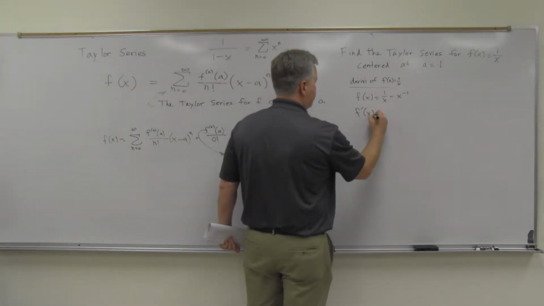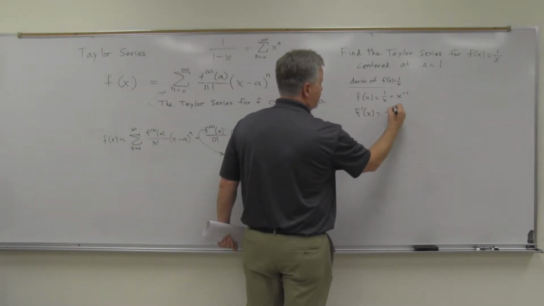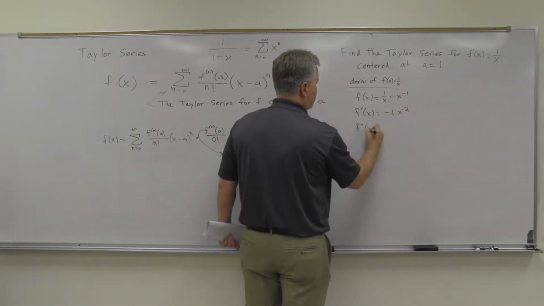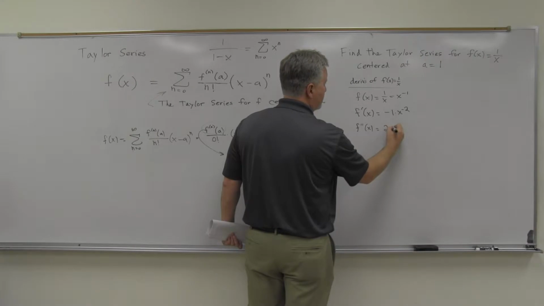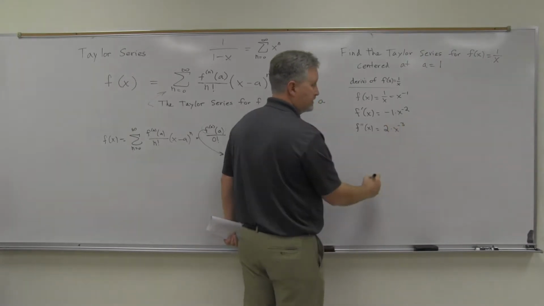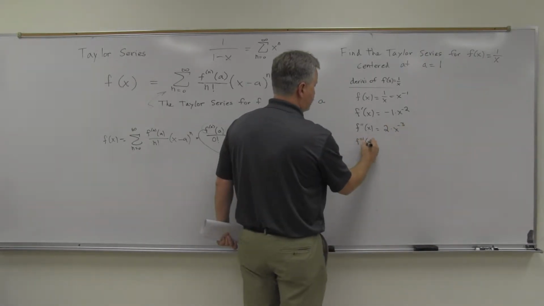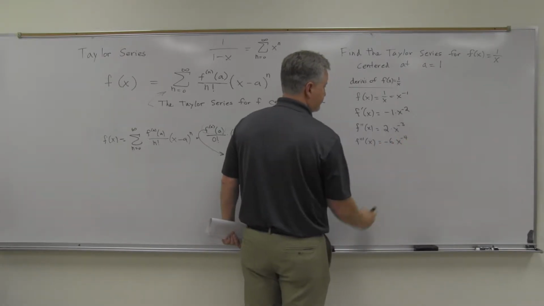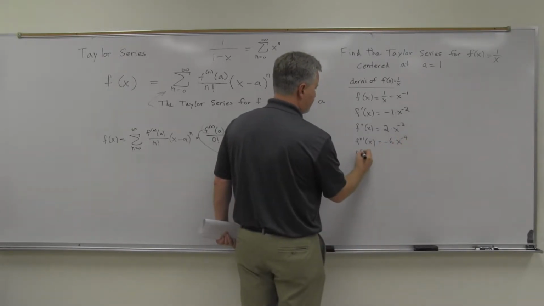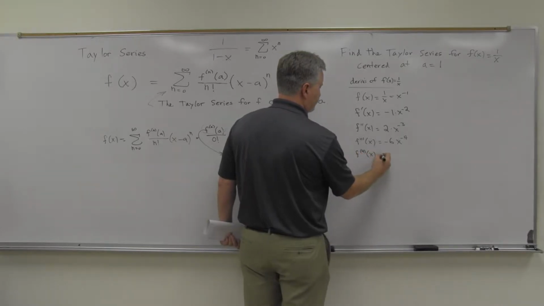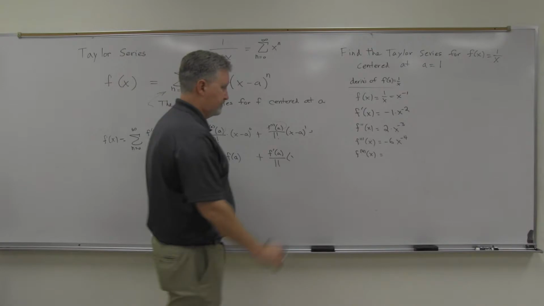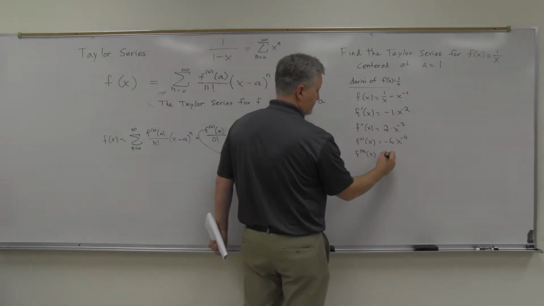Just start doing derivatives. So the first derivative would be negative 1 times x to the minus 2. The second derivative would be 2 times x to the minus 3. Third derivative is negative 6 x to the minus 4. Fourth derivative, and like I said, that would be where we would go to that parentheses thing for derivative.